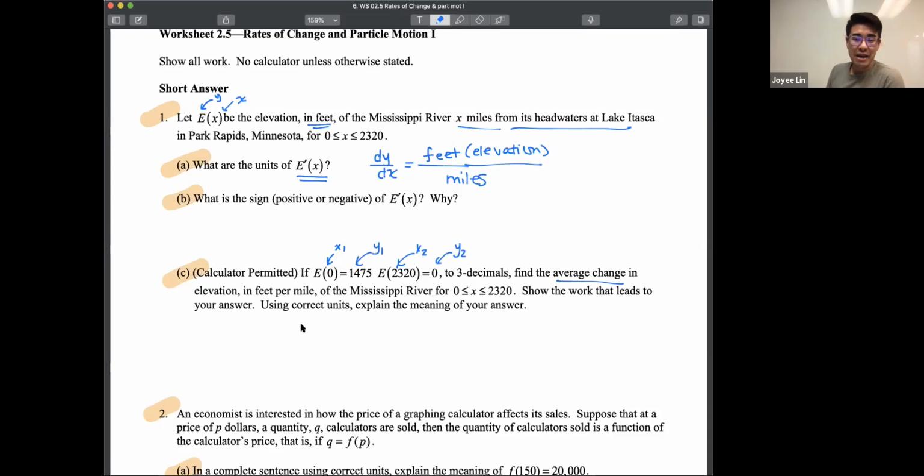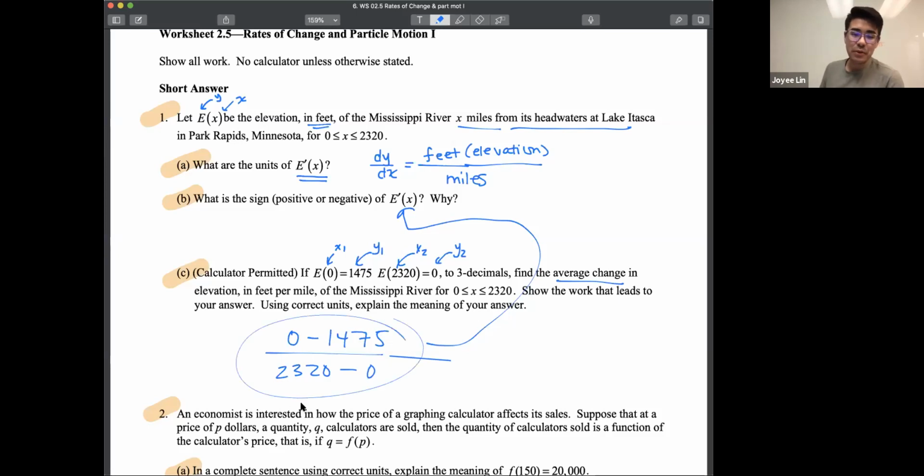Right, so if you want to find the average change, you go 0 minus 1475 over 2320 minus 0. And this would be another way to show if the average rate of change is negative, then it's possible that the instantaneous rate of change is also negative. But this would be a way of thinking about it so that you don't miss something like B.